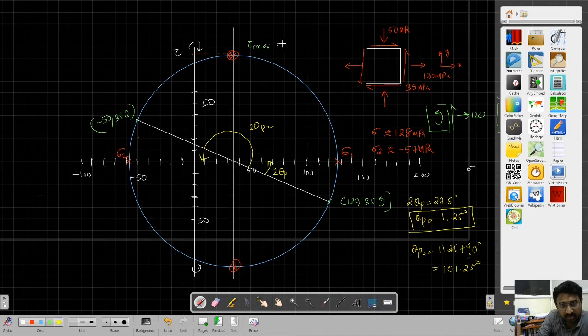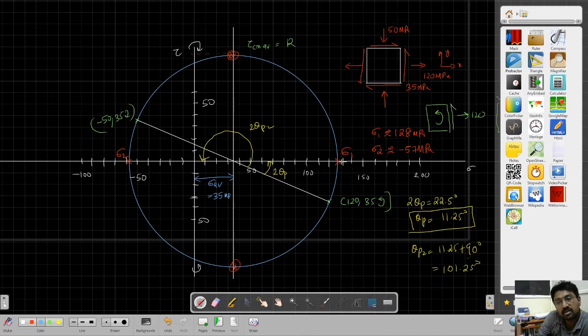Tau max will be equal to the radius of the circle. So how do you find the radius of the circle? It's simple. Sigma 1 we know is 128, and this other point we can also find. So this comes over 10, 20, 30, 35. The center of the circle is at 35. This distance is commonly known as sigma average. This is equal to 35 MPa. So the center of the circle is at 35 MPa from the 0 point.